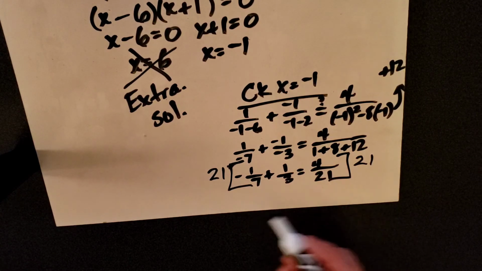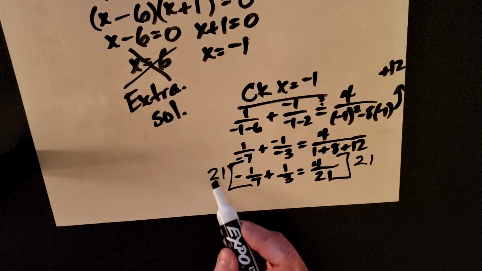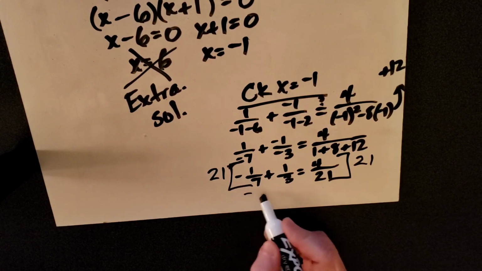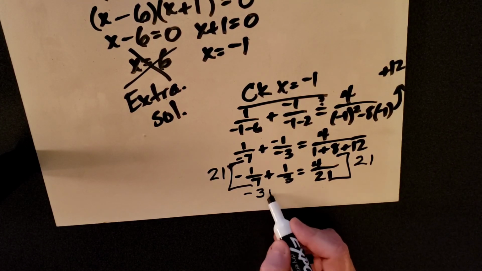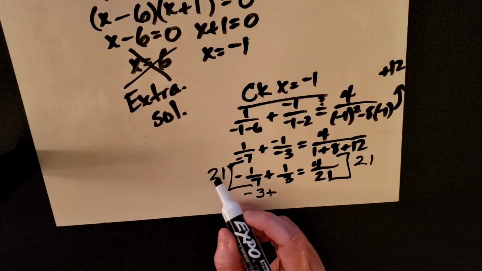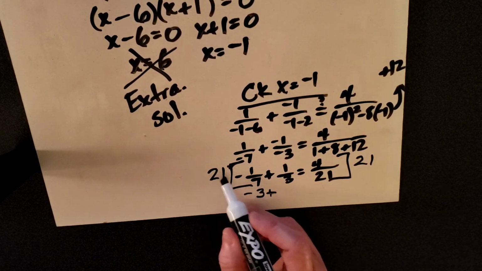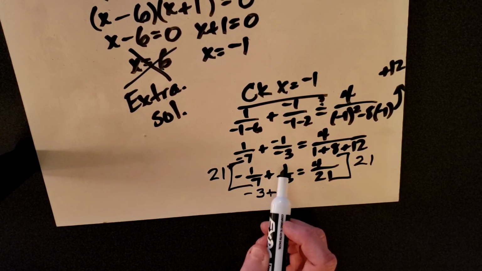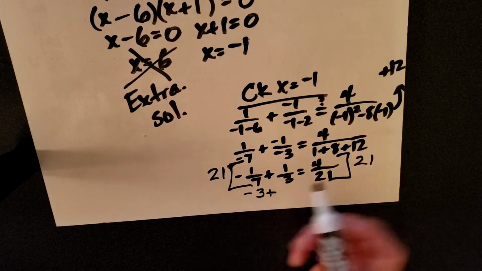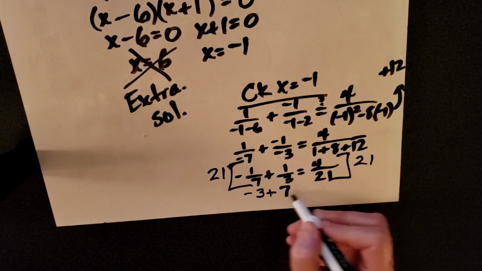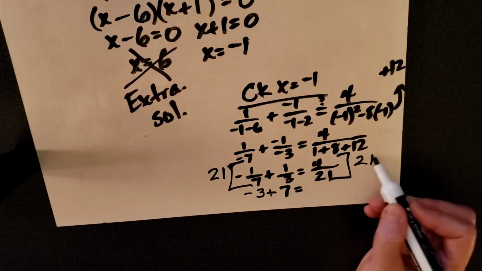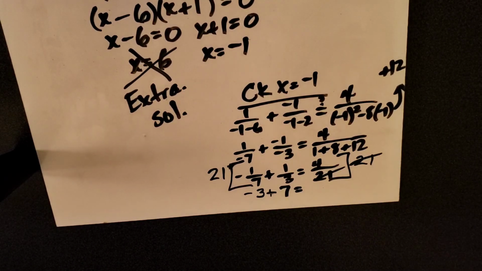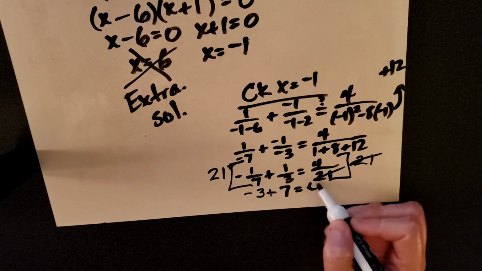So as you can see, 7 divides into 21 3 times, and 3 times -1 is a -3, plus 3 divides into the 21 on top that you're multiplying by. Remember, it's 21 times 1, right, which is just 21. 3 divides into 21 7 times, and 21 divides into 21 1 time, and 1 times 4 is just 4.